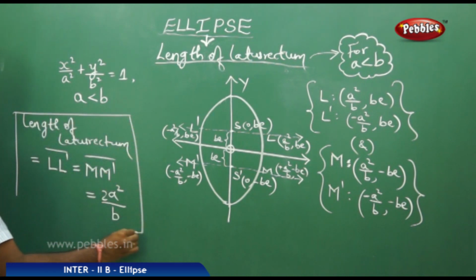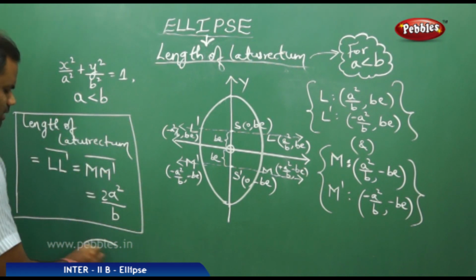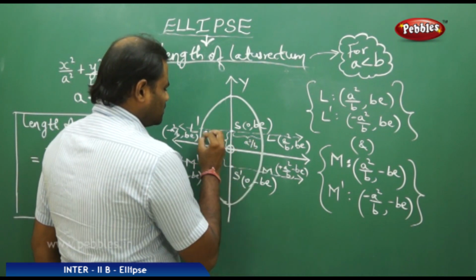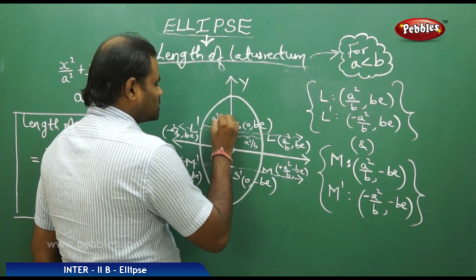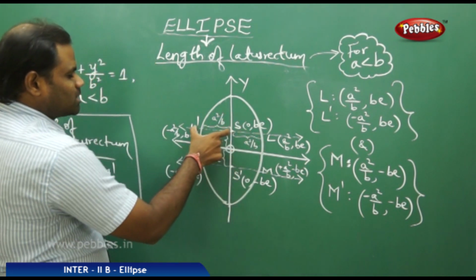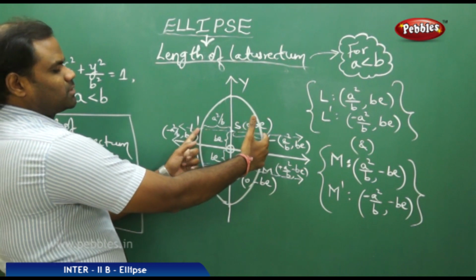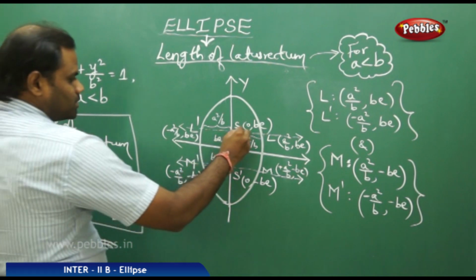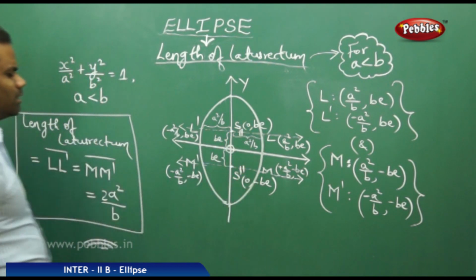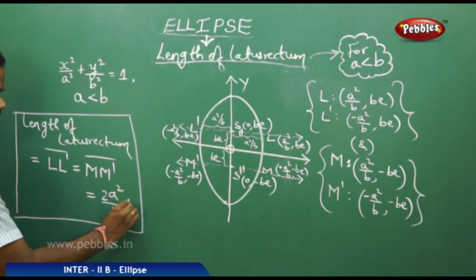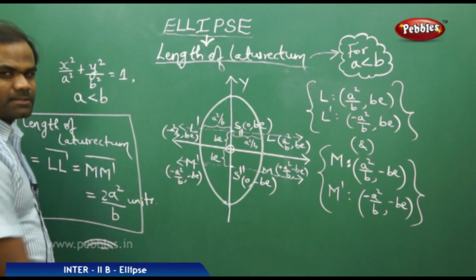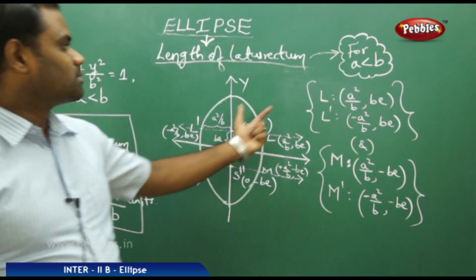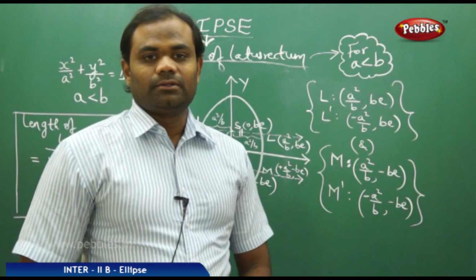As can be clearly seen here, this distance is a square by b and this distance is also a square by b. So a square by b plus a square by b is 2a square by b, which is LL dash. Hence the length of the latus rectum LL dash or MM dash is 2a square by b units. This is how we identify the length of the latus rectum for the ellipse with a less than b.